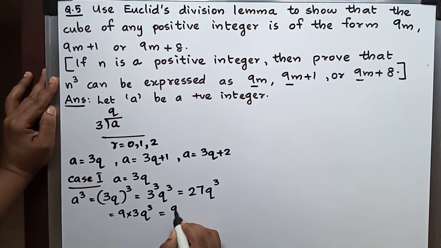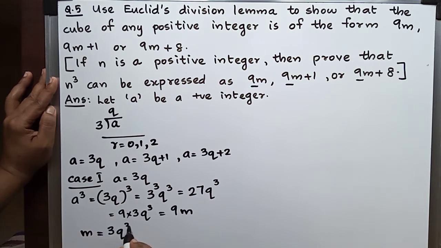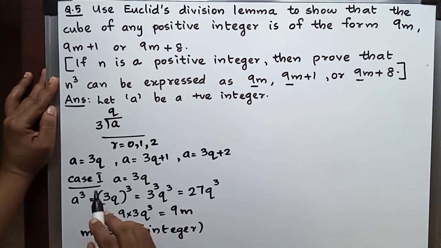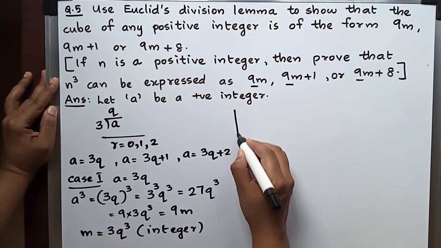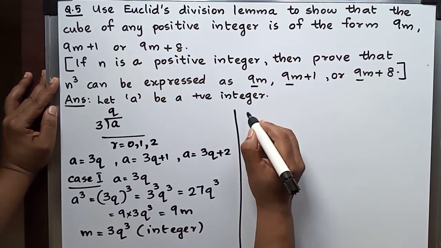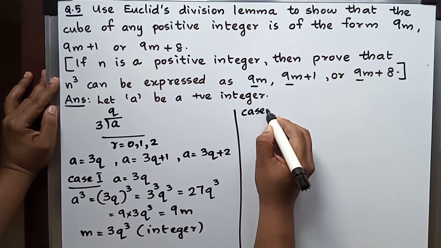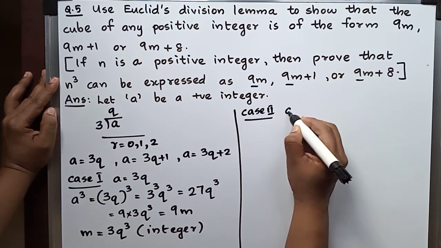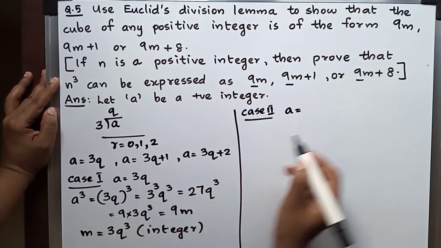So it can be considered as 9m, where in this case m is 3q cube, just an integer. Okay. So we have concluded that in case 1, the cube of an integer can be represented as 9m.